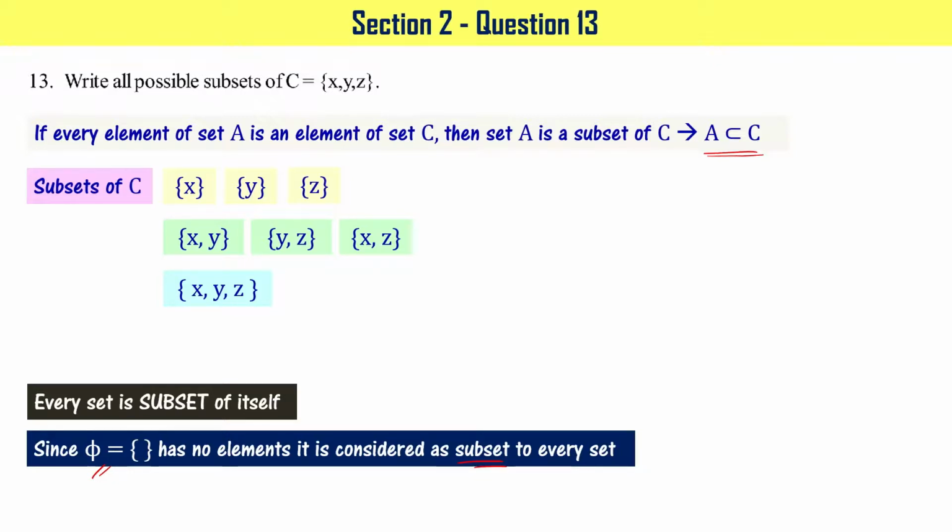It means we can now write the null set also as a subset of C. Let's write that. So how many subsets do we have? 3 plus 3 plus 1 plus 1. Right? Total 8 subsets we have written. Let's go to the next question.